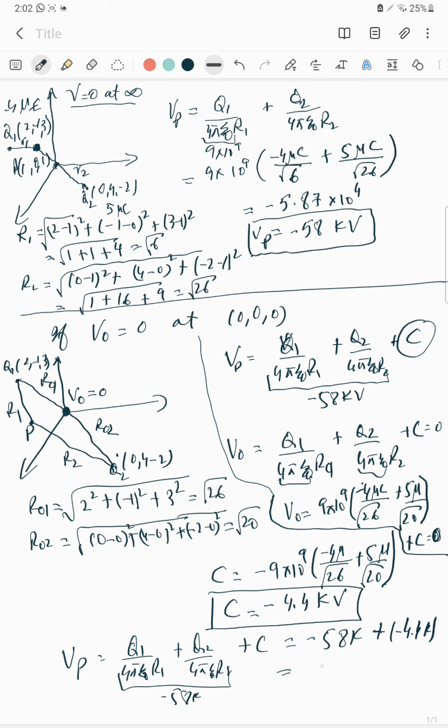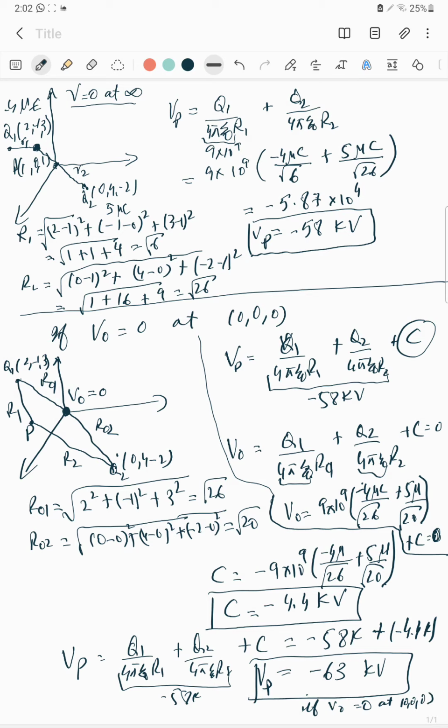So that will be approximately minus 63 kilovolts. That will be my Vp, and that is if V0 equals 0 at the origin (0, 0, 0).